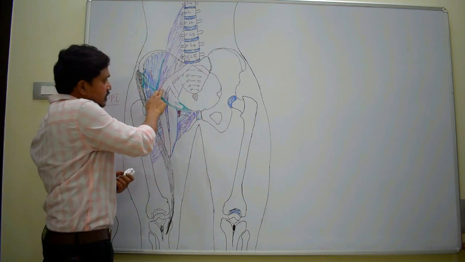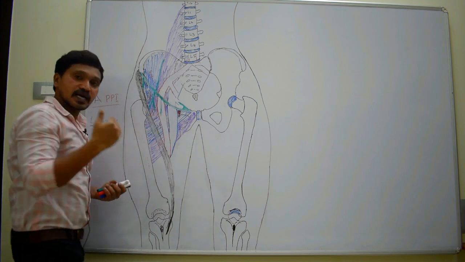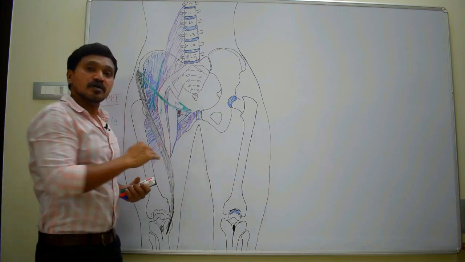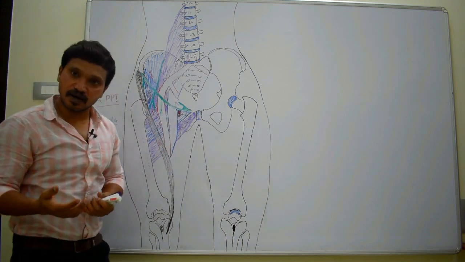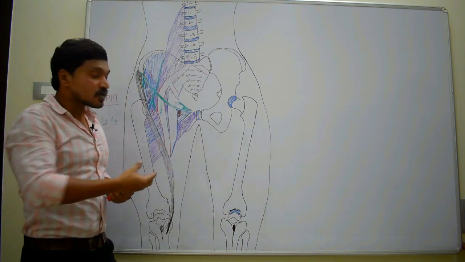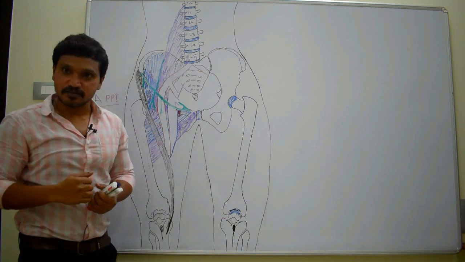Then see here, external iliac artery and the external iliac vein. In the abdomen, they are covered anteriorly by fascia transversalis, posteriorly by fascia iliaca. Right? So that fascia will be extending down into the thigh also.